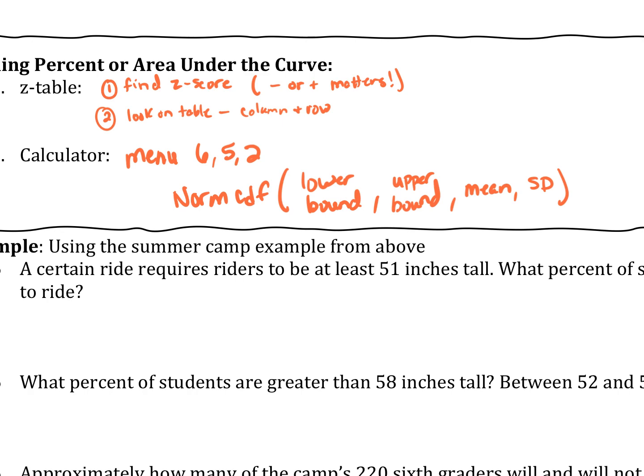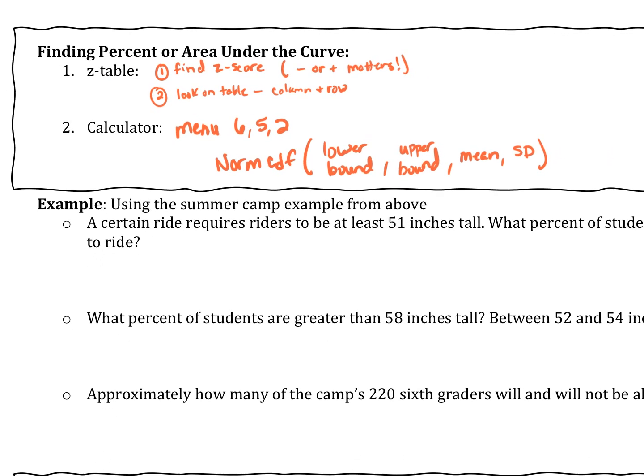Okay, typically, when you went to your norm CDF, what does it say for the lower bound? Does it have something in there? Negative infinity. Mine says negative 9E9. Okay. So the calculator gets a little bit glitchy.